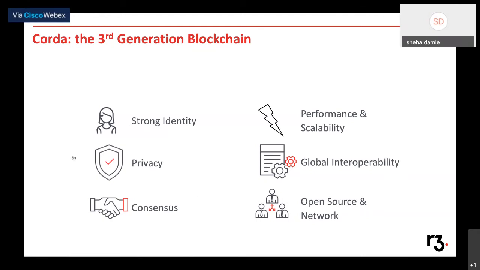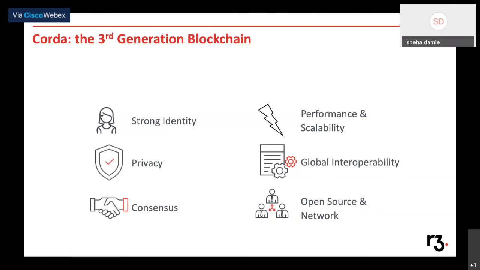Since this data is not broadcast to the entire network and is shared only on a need to know basis, the heavy proof of work consensus algorithms, or mining, which are used in public blockchains to achieve consensus, are really not required in Corda.